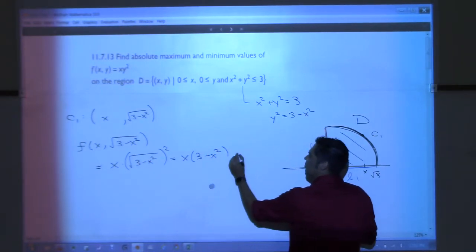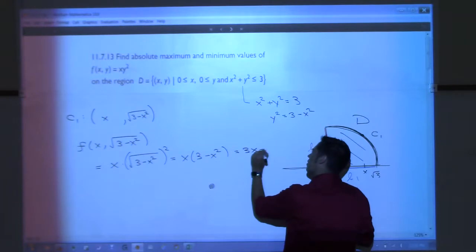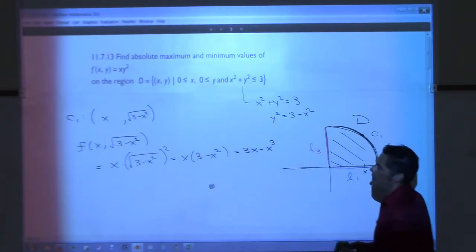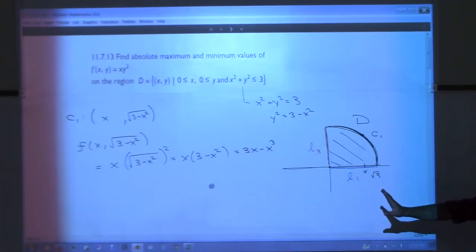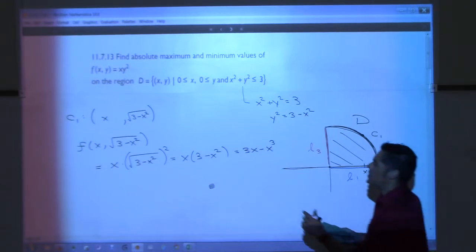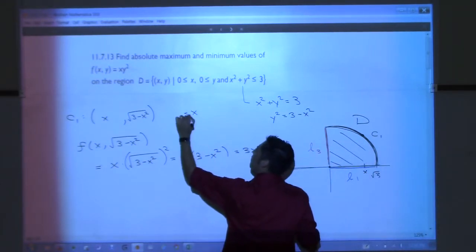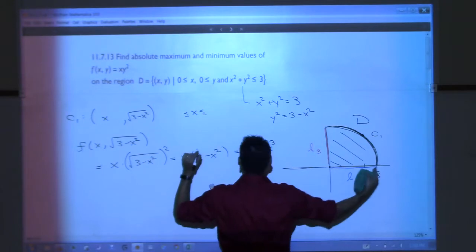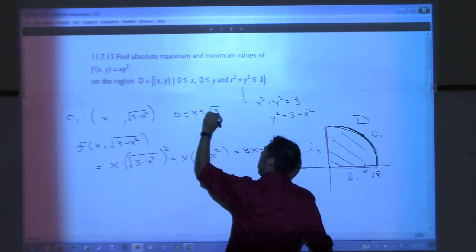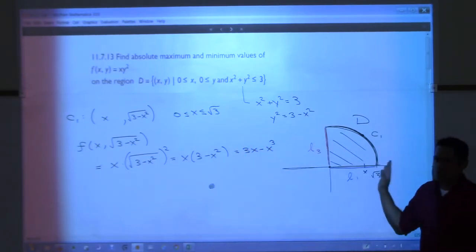And that turns out to be just 3x minus x cubed. Oh, you know what I did not do? I should have put the domain up here. What's our restriction on x here? 0 to root 3. We need that. We have to have a closed interval for this to finish up.